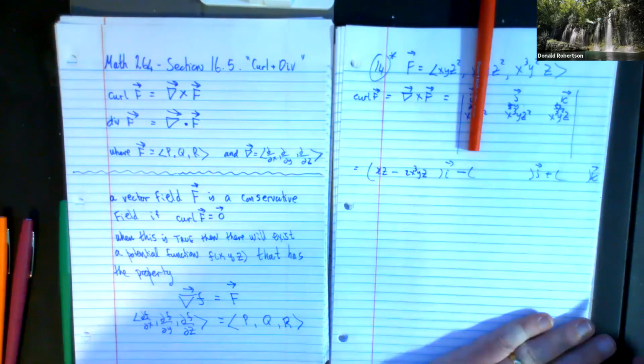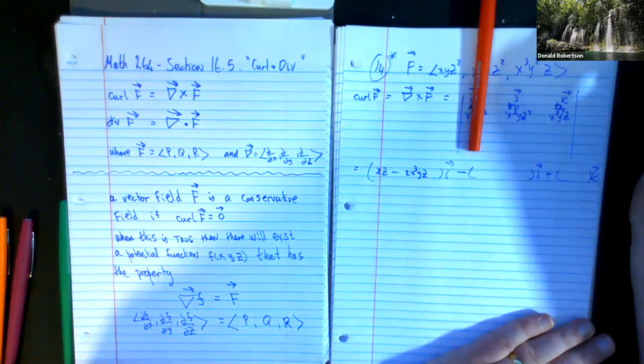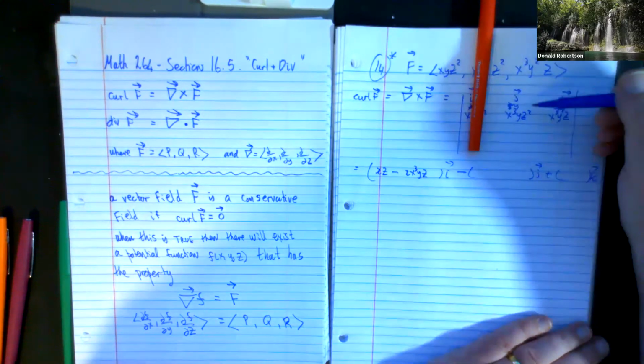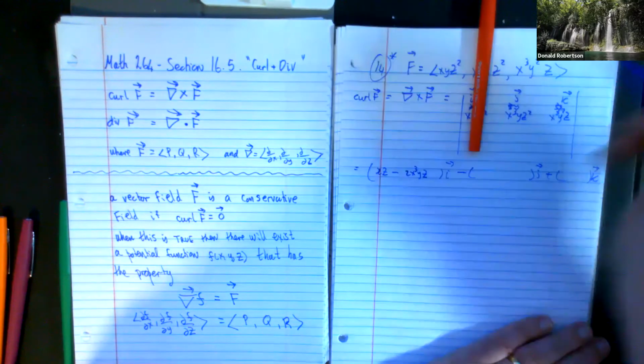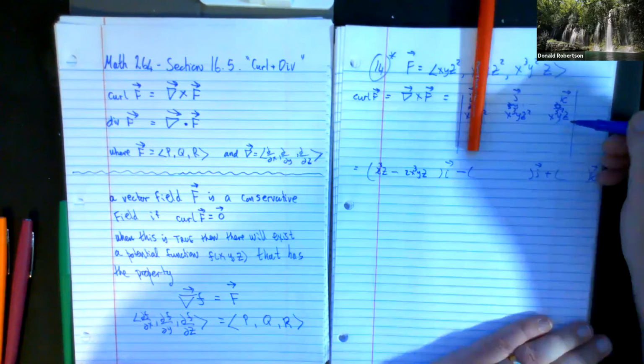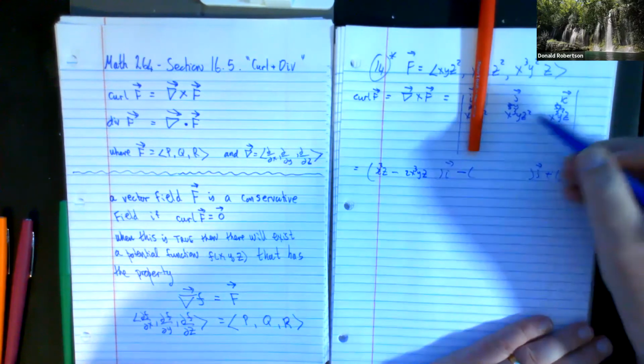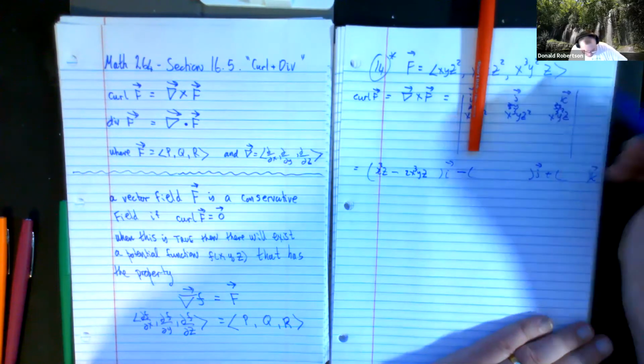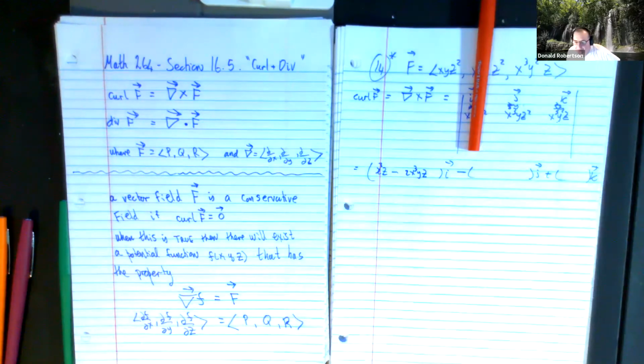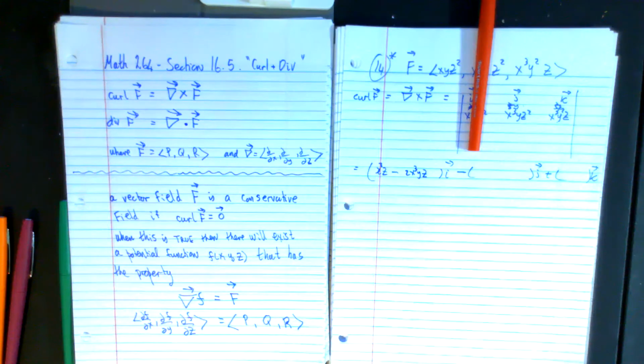Let me double check that. This guy is x cubed z. That's better. And this guy is 2x cubed yz. Okay. I'm not doing any more. Why do I not need to do any more? They're symmetrical.